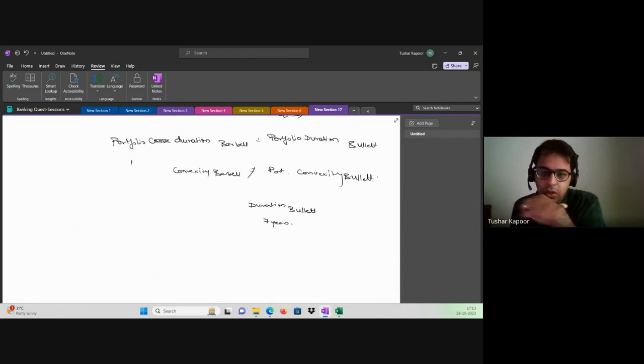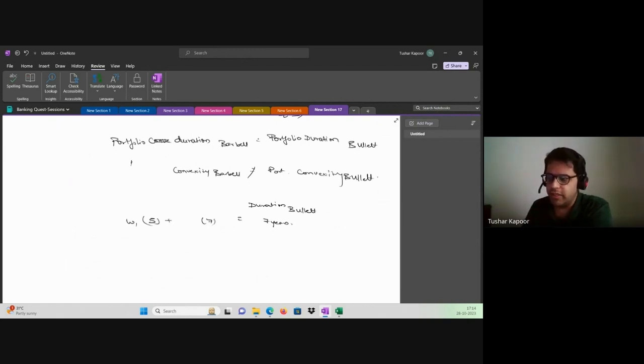Now, I want to invest in two different securities which should match up to this duration. One bond's duration is 5 years, another is 10 years. Now I want to give them an appropriate weight. One weight would be the weight of this security, another would be one minus the weight of the other security.